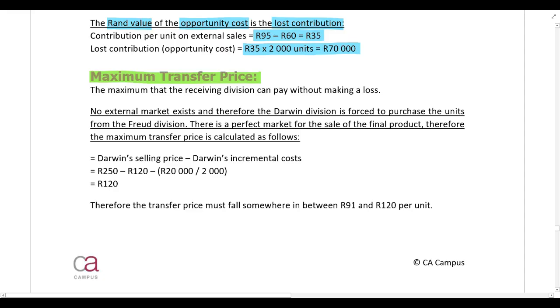So you can see I have included the discussion over here. No external market exists, and therefore the Darwin division is forced to purchase the units from the Freud division, and we are dealing with a perfect market for the sale of the final product. Therefore, the maximum transfer price is calculated as follows. We take Darwin's selling price and we deduct all of Darwin's incremental costs, their fixed costs and their variable costs.